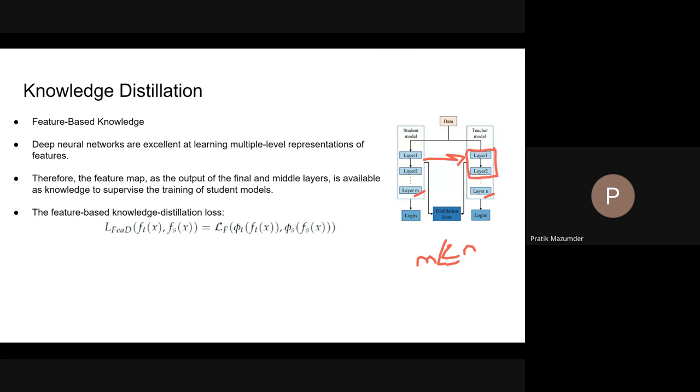You can take the output of a set of teacher layers and compare the output of your first student layer to the output of these combined layers. Because the number of layers in the student model will generally be less than in your teacher model. But we still have not solved the problem: the outputs themselves will be of different sizes.